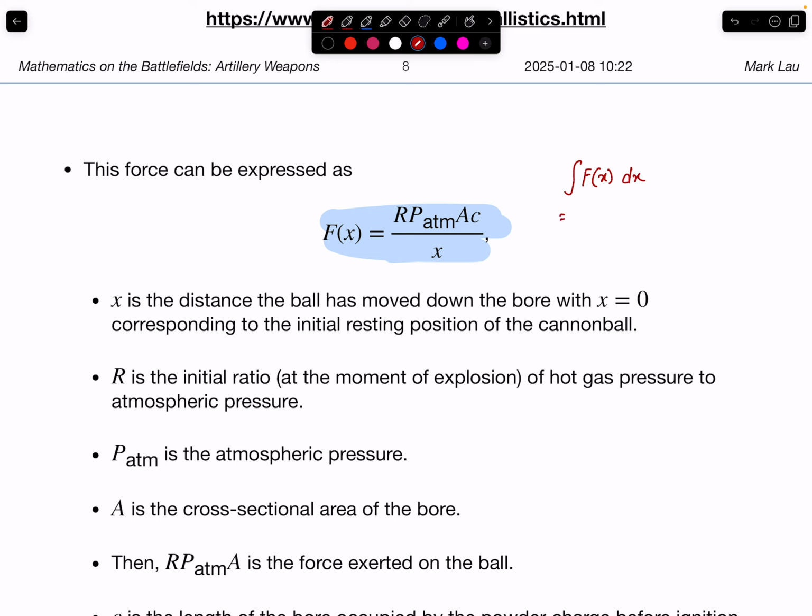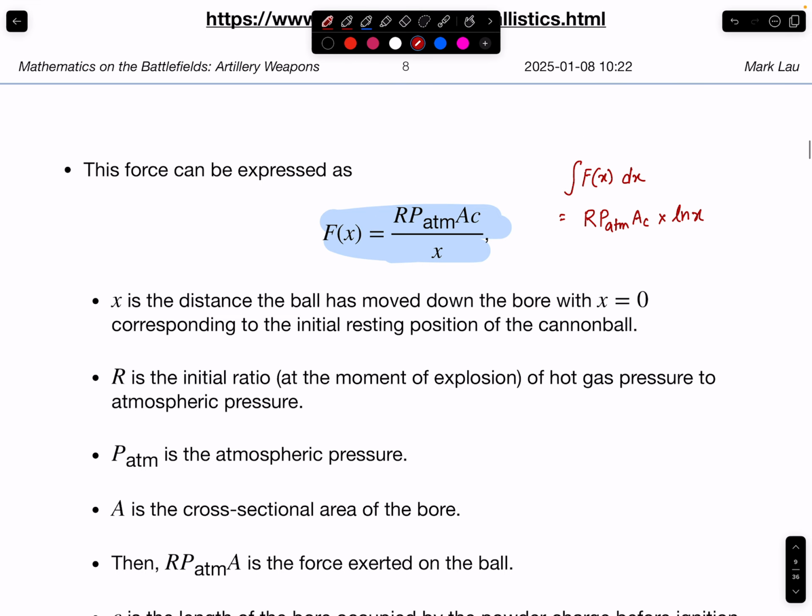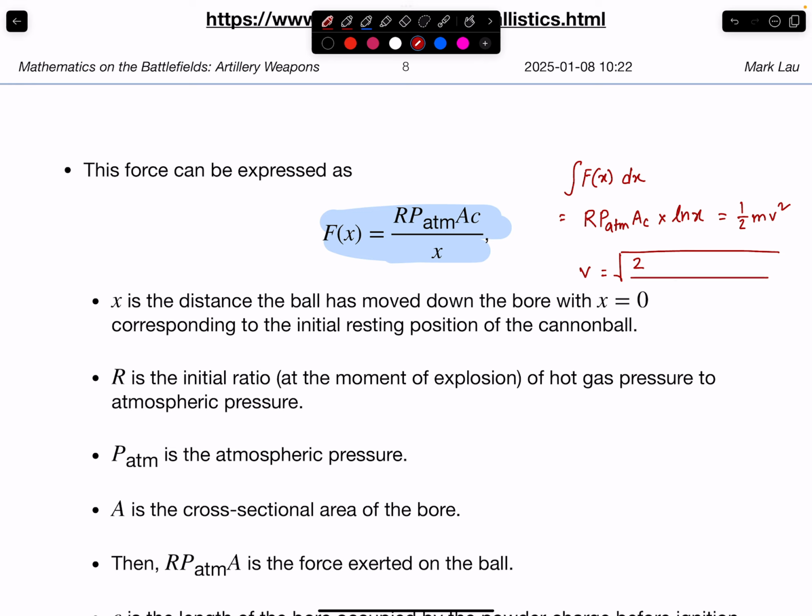So integrating this, all the quantities above are constants times ln x, equals half m v squared, and I need to make v the subject, so 2 by m.